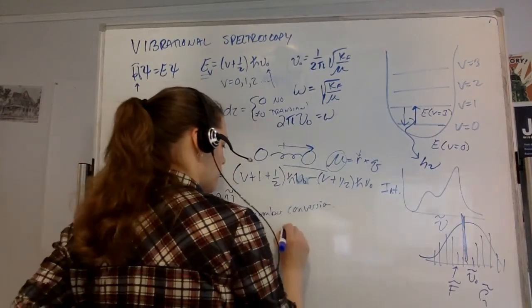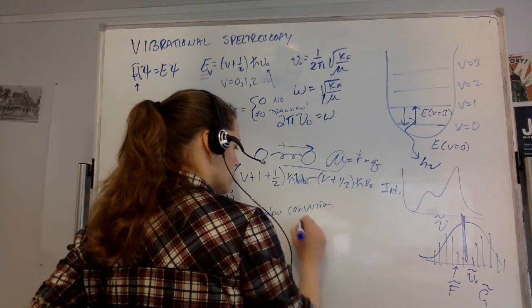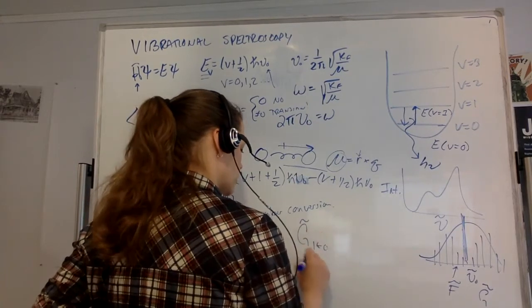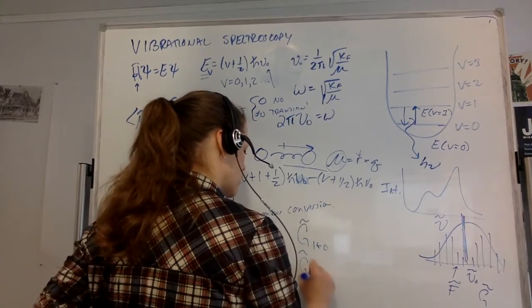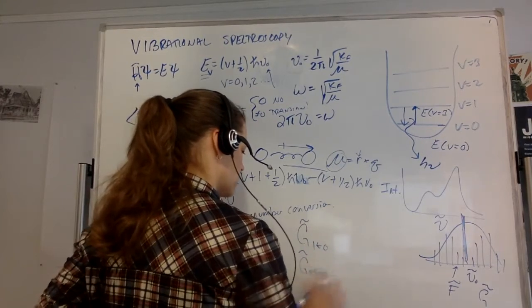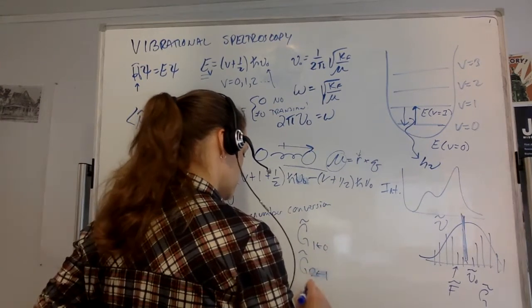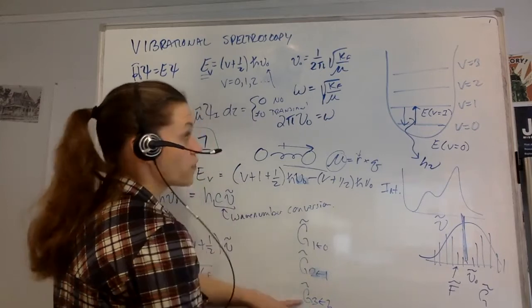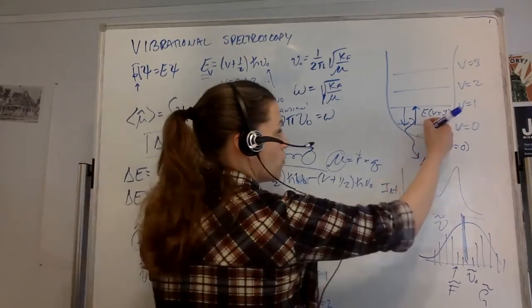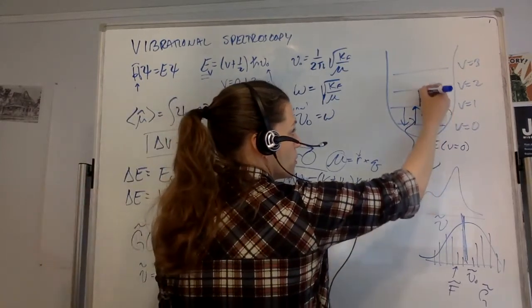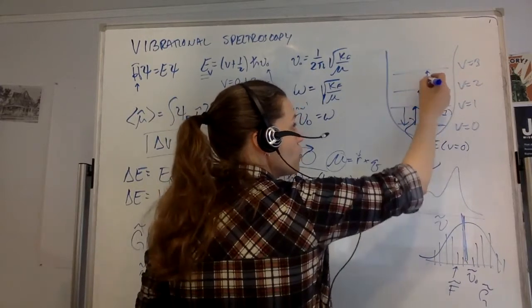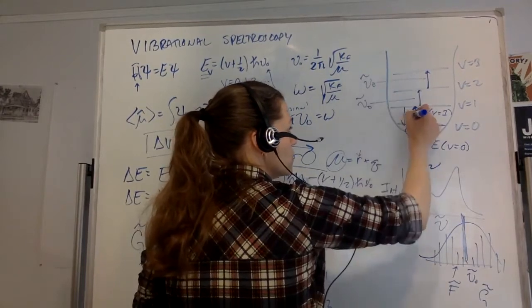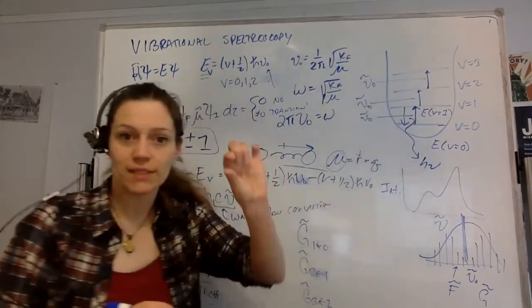So if I had the transition from 0 to 1, the transition from 1 to 2, the transition from 2 to 3, all of those spacings would be about the same.